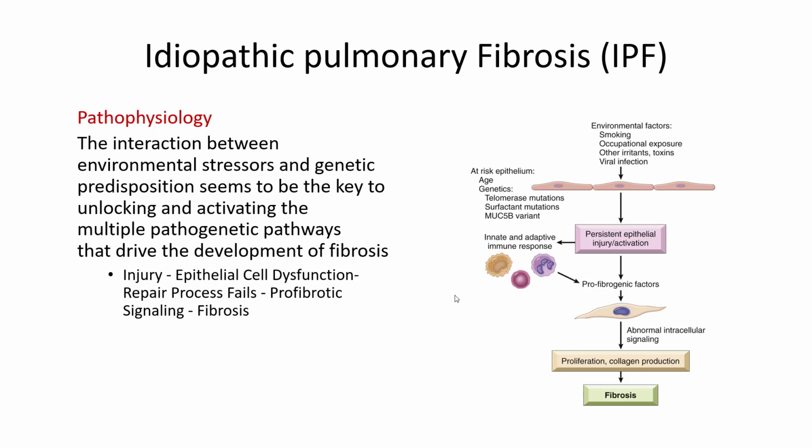The injury produces an immune reaction, which is the neutrophils and other lymphocytes expressing these pro-fibrogenic factors like interleukin, and this causes, instead of a normal cell signal, an abnormal intracellular signaling, which produces a proliferation of hard, fibrotic, collagen-based connective tissue instead of the usual stretchy and compliant pulmonary parenchyma.